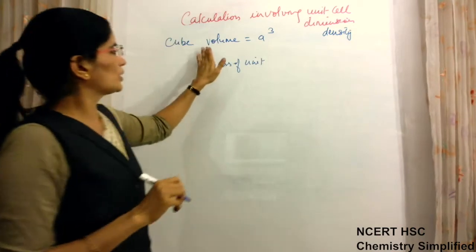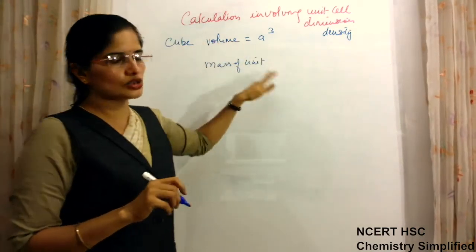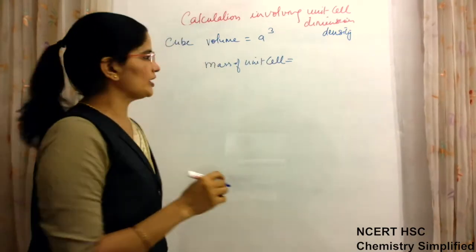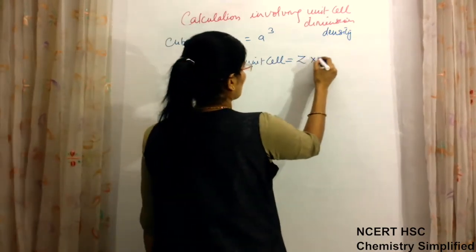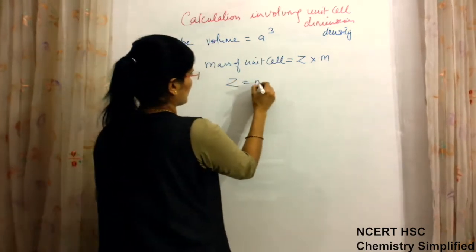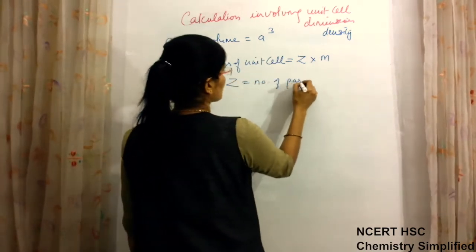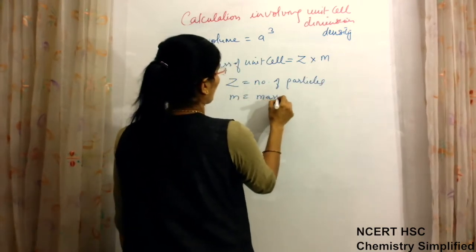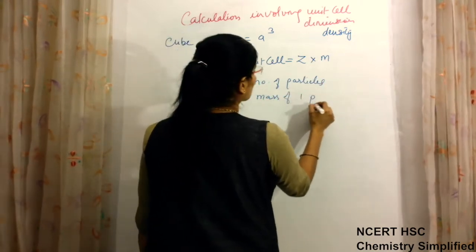That is why we are talking about the volume and mass of the unit cell. The mass of the unit cell will be equal to Z into M, where Z is the number of particles in the unit cell and M is the mass of one particle.